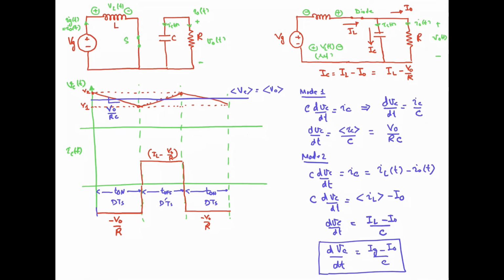So let's mark it on the waveform, this slope is equal to IL minus I naught by C, or in terms of the source current I can say Ig minus I naught by C, right? So Ig and IL in terms of average value, they are same, right?